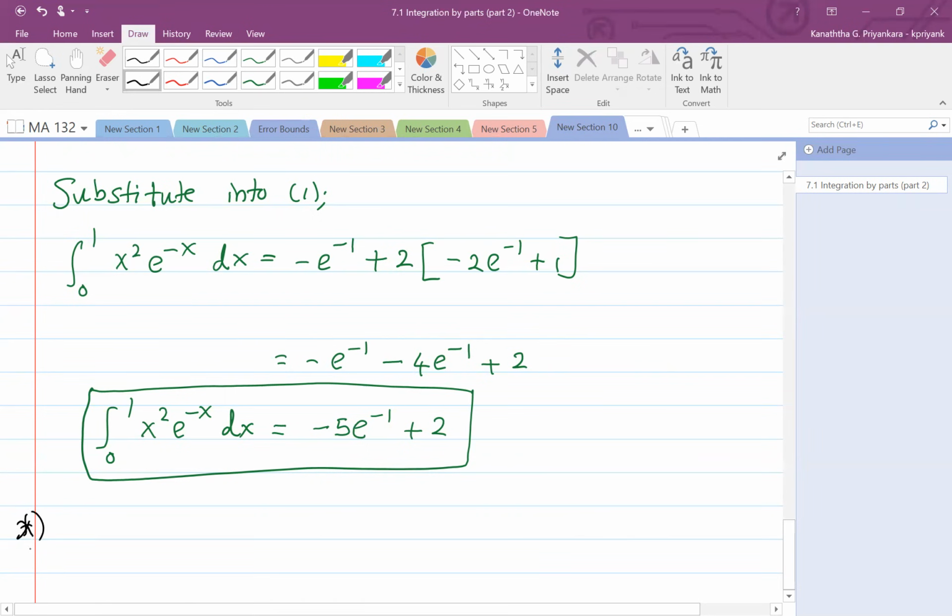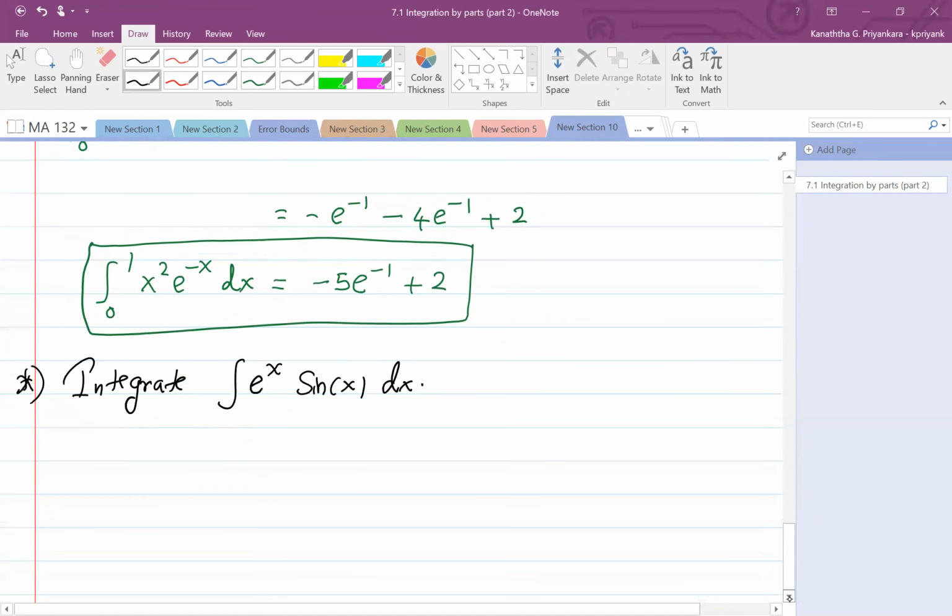We need to integrate the integral of e to the power x sine x dx. Now this is called a boomerang problem.